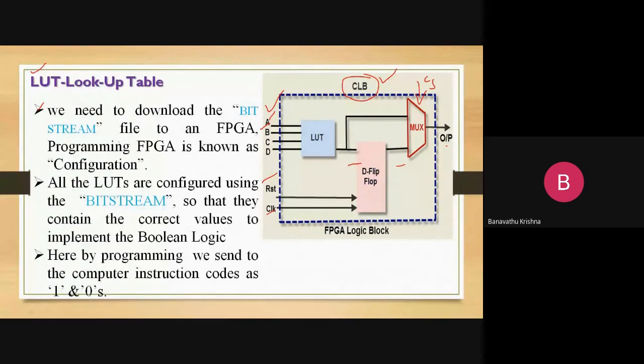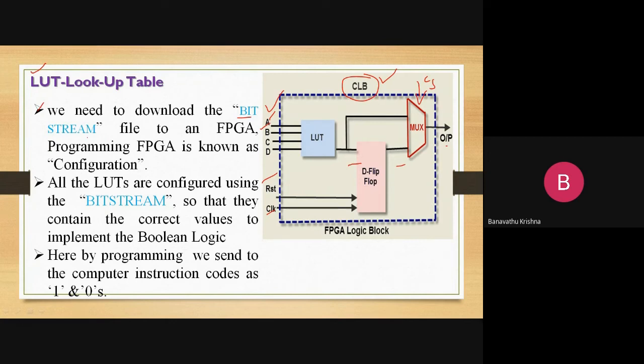That program is compiled, simulated, synthesized, placed, and then converted into a bit stream file. We have seen all those things in the last class. The bit stream file is the final stage. It is loaded onto the FPGA kit, and only then will the FPGA kit perform according to our requirement.